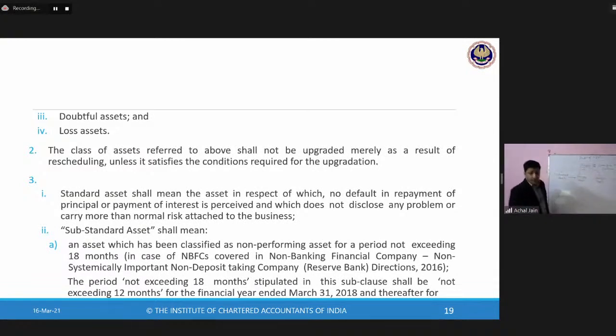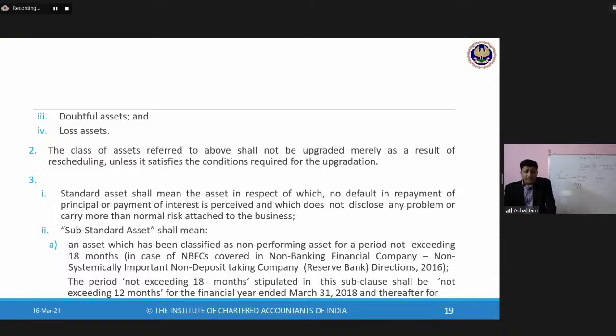For an asset to be called substandard, it should become non-performing for a period of not exceeding 18 months. So non-performing for not less than 18 months. Okay, so we can say greater than or equal to 18 months.